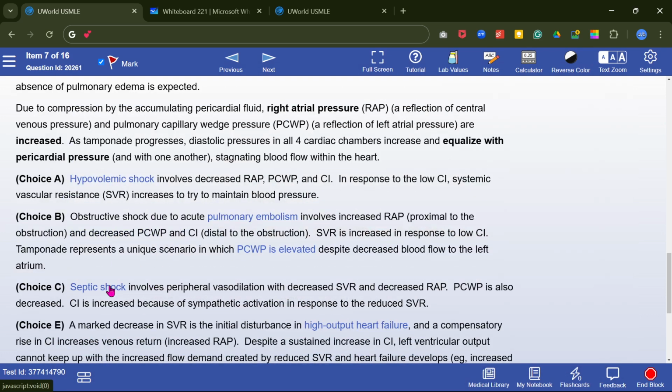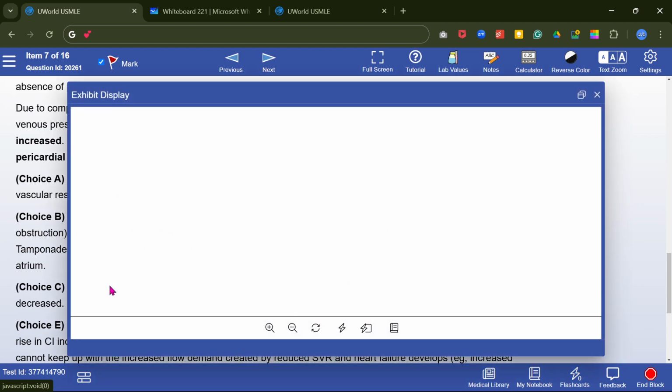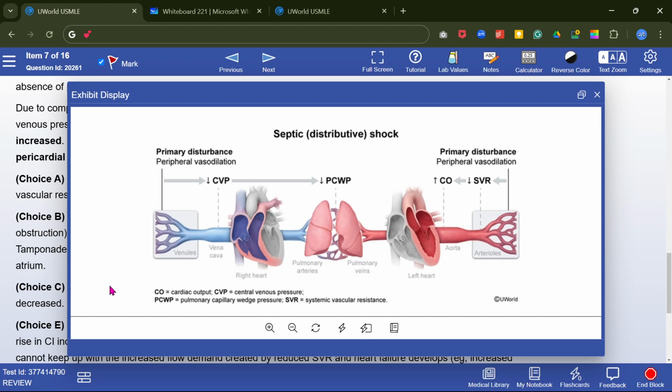In septic shock, or distributive shock, everything is going down. The primary disturbance is peripheral vasodilation.